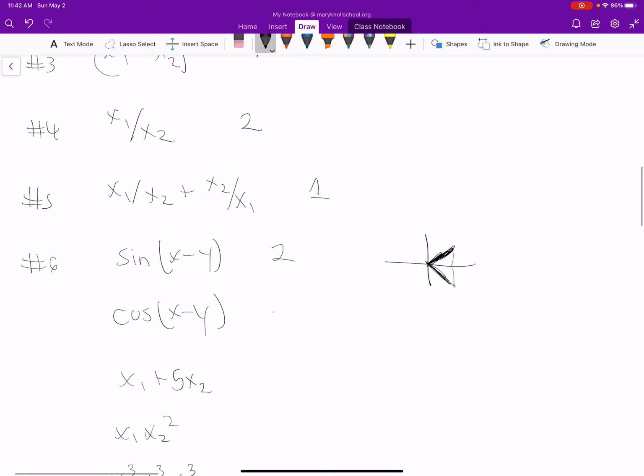So cosine of x minus y, I believe this is different. So number 7, let's say cosine of x minus y. We know we can get a positive and negative because, for example, 3 minus 1 equals 2, but 1 minus 3 is negative 2. So we're looking at the x minus y and the y minus x here. So we're looking at positive, negative.